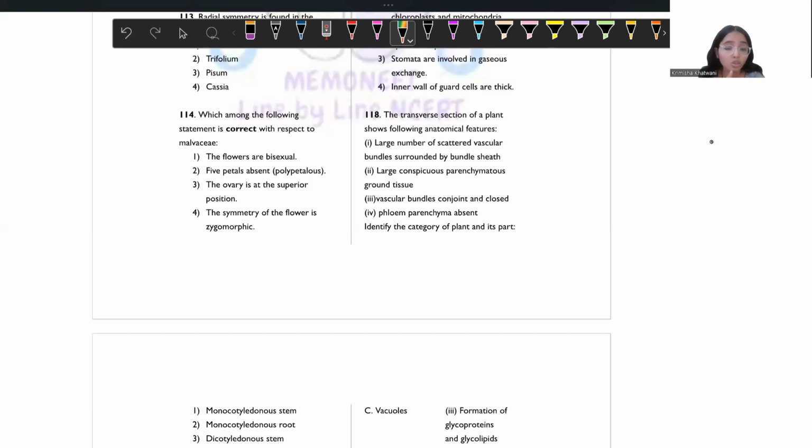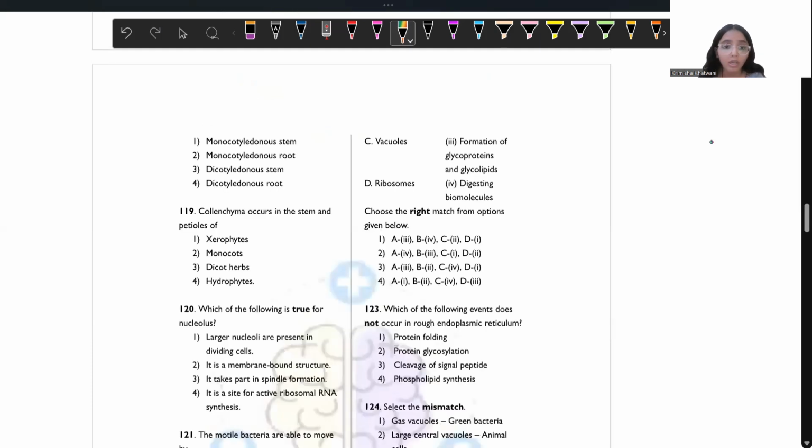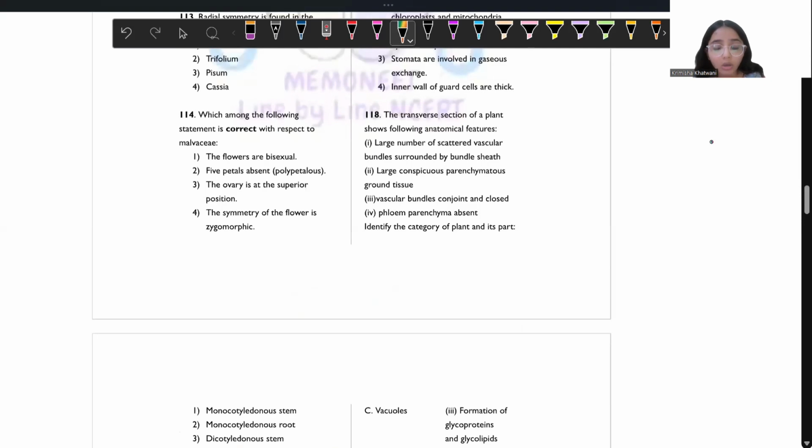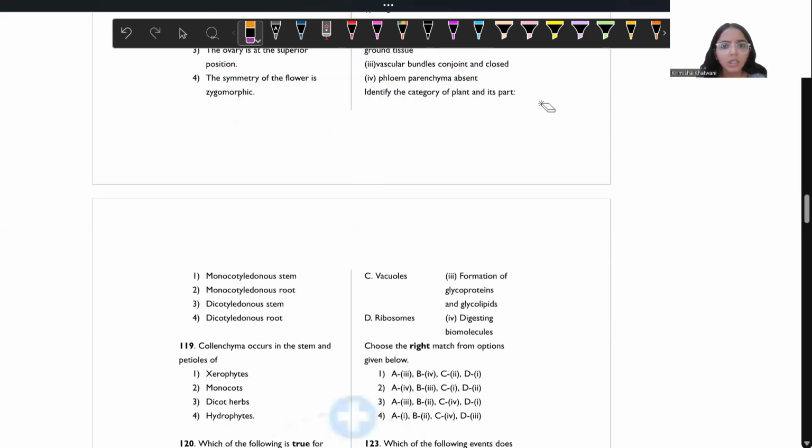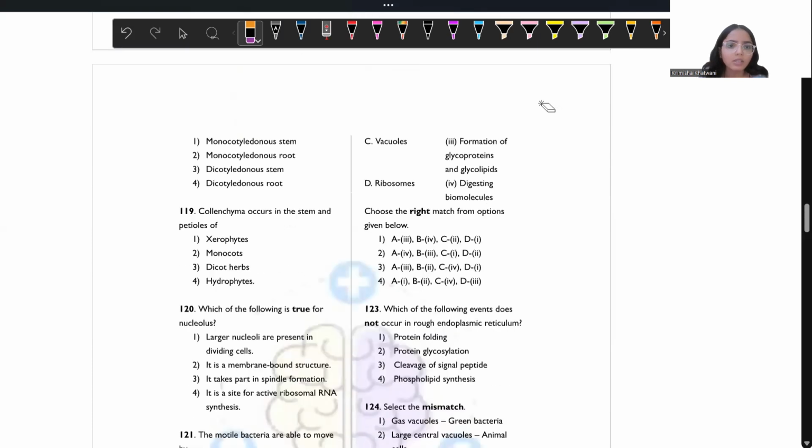Vascular bundles are conjoint and closed. Yes, this is a very important point. You have to remember, vascular bundles are conjoint and closed. Means it's a monocot. Phloem parenchyma absent. So what is it? Monocotyledonous stem. All these features are of monocot stem. It's a very simple question. If one thing you should remember in anatomy of flowering plants, it's this only. So answer to this question is option 1.